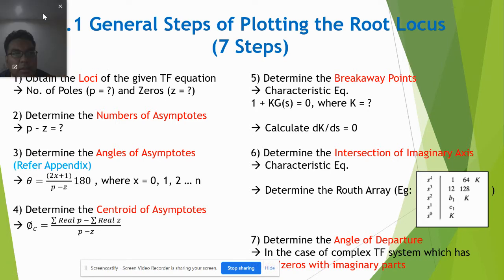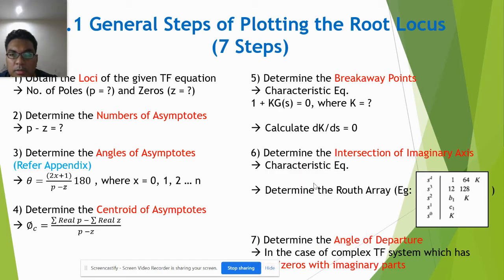The next one is the general steps to determine the root locus plot. There are basically 7 steps. The first one: you must obtain the loci of the given transfer function, which means you have to determine the poles and the zeros.